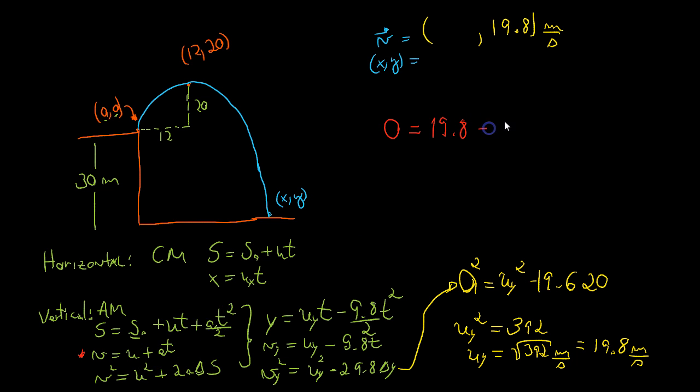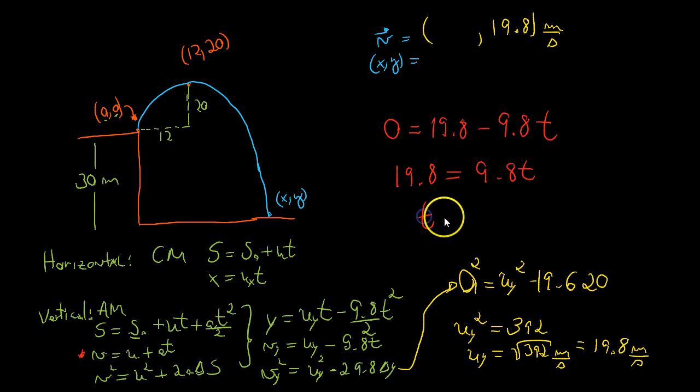The acceleration is minus 9.8. And now we can find time. All right, so 19.8 is going to be equal to 9.8 times time.